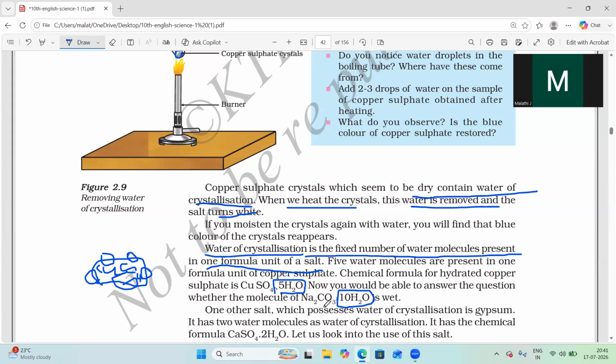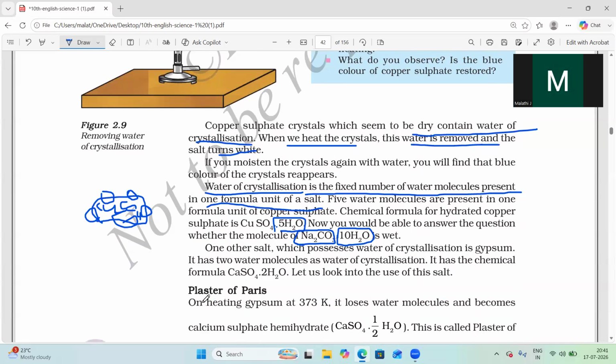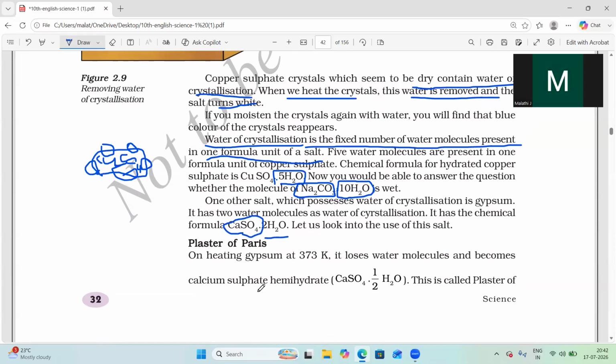Na2CO3 has 10 molecules of water present in sodium carbonate. That is one more. Calcium sulfate has 2H2O, that is, gypsum, with 2 water molecules.